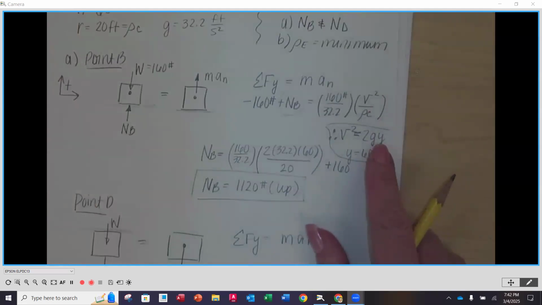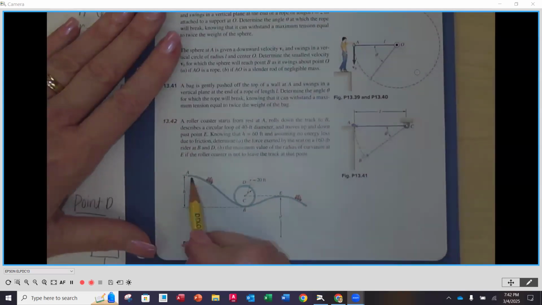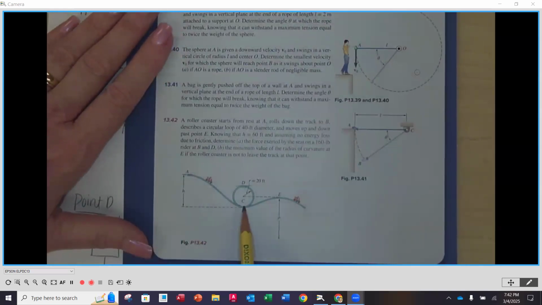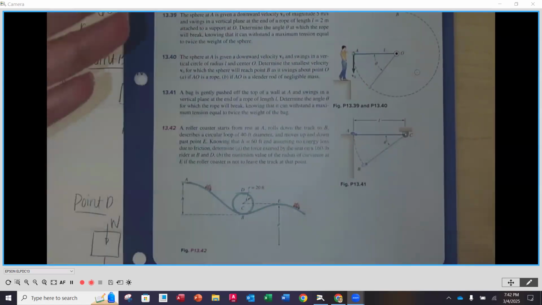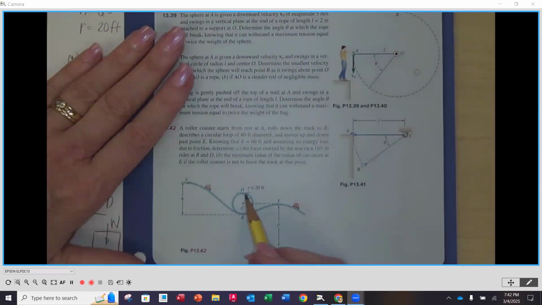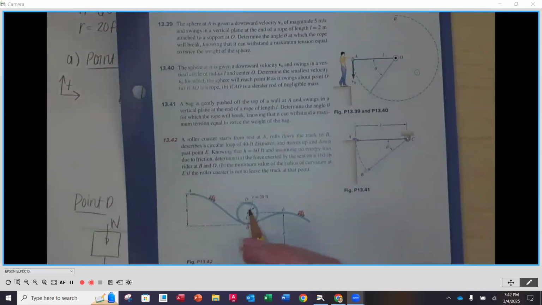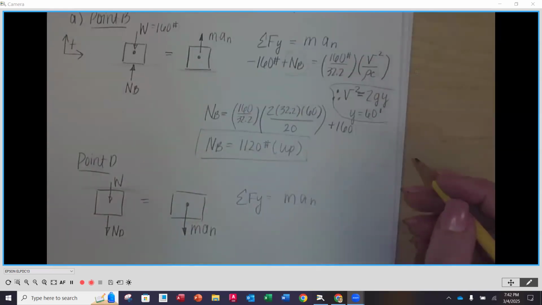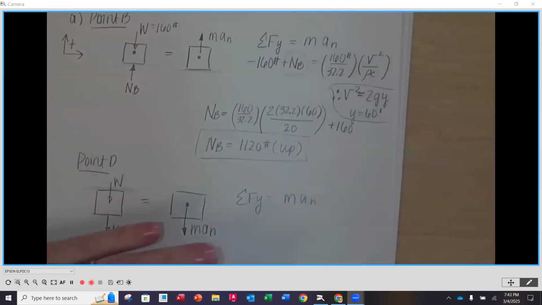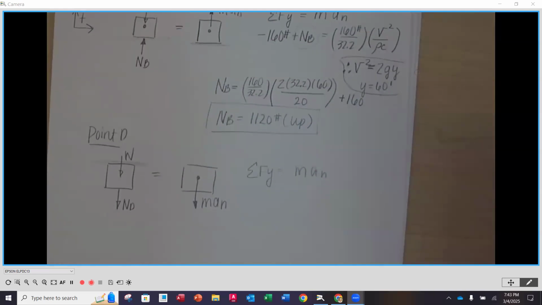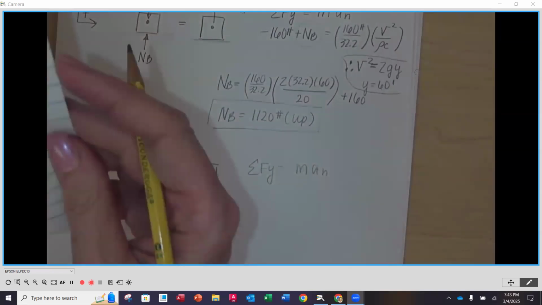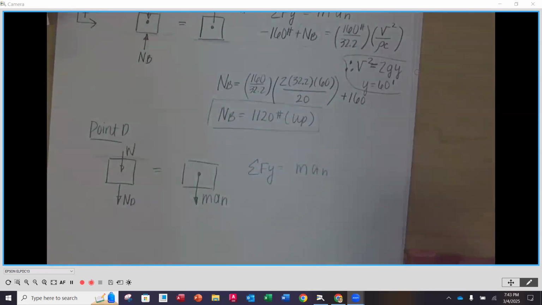Your y distance is going to be the distance from A down to D. So it's going to be 60 minus 40, which means that y is going to be 20, right? So make sure that you find your y distance relative to where you start, which was at A. And then you'll solve, and you should get 160, it looks like, pounds down.